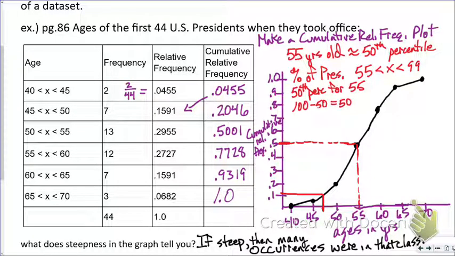Okay, now we're ready. You draw a line out, and that falls, I don't know, 57, 58. Let's go with 57. That's what I said in third period.